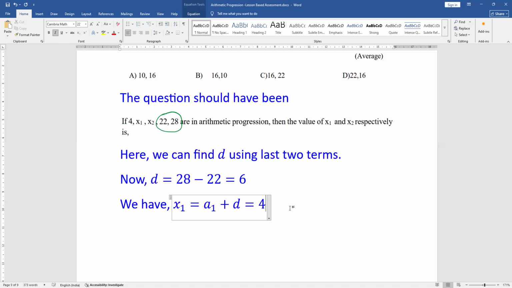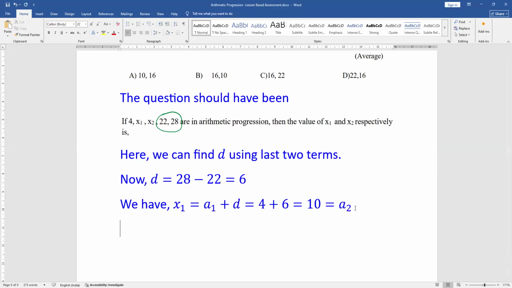It is 4 plus d, we got it as 6. 4 plus 6 is how much? It is 10. Okay. So what is 10 now? This is nothing but this is a2. So this is a2.